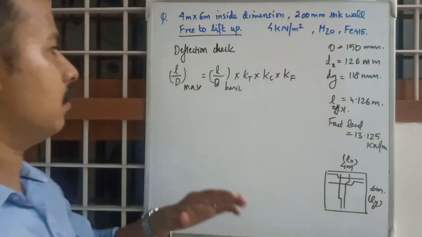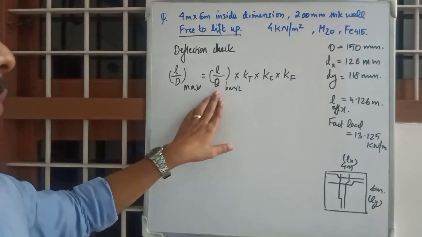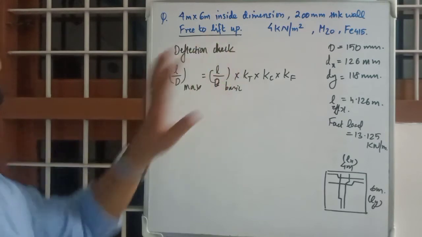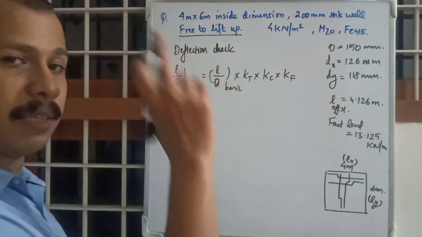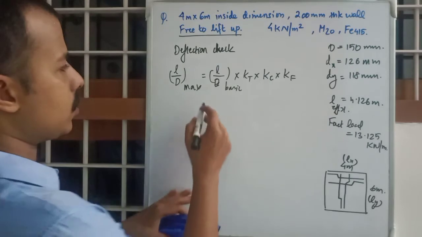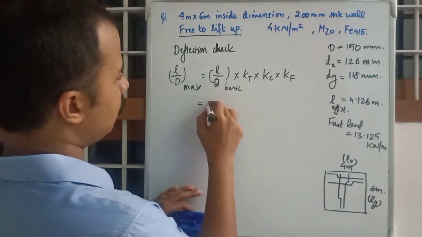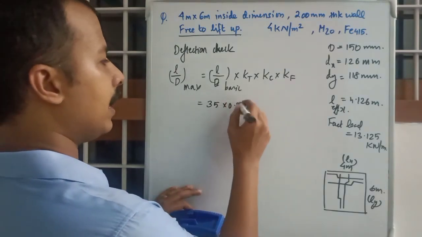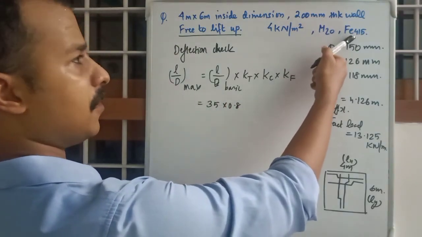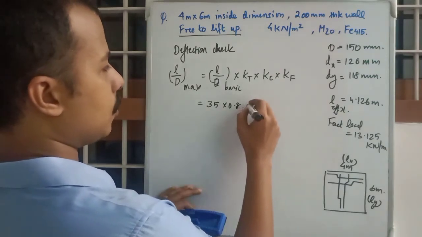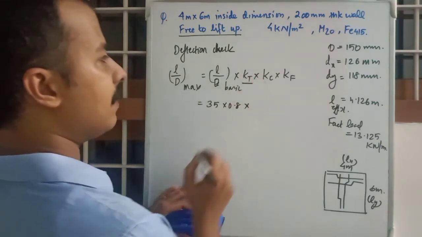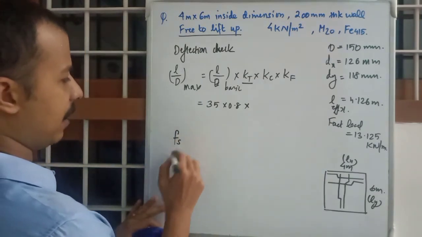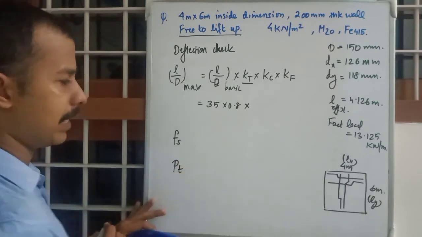We know these all values. L by D basic will be obtained from the IS 456 page, the one we referred in the first point, that was 35, and we need to multiply it with 0.8 because it was Fe 450. Okay, so KT we need to calculate with the help of Fs and Pt.